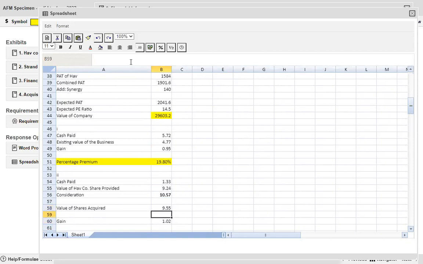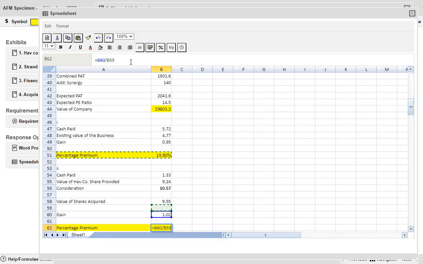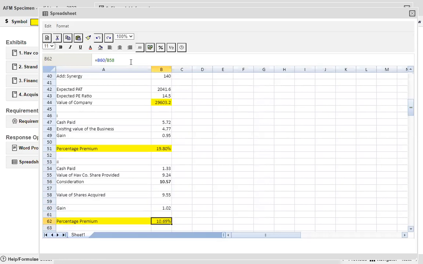The gain is going to be this. And if you talk about the percentage premium, how would we get the percentage premium? Let's just try to see. It's just going to be this divided by this, 10.69%. Do you get it now? Okay, so I'm leaving the third calculation to you, that you have to do it on your own.